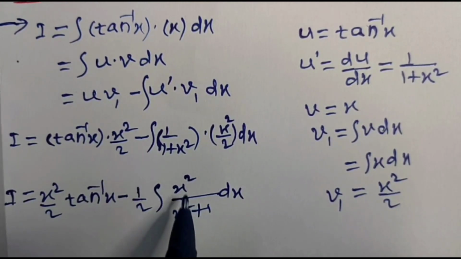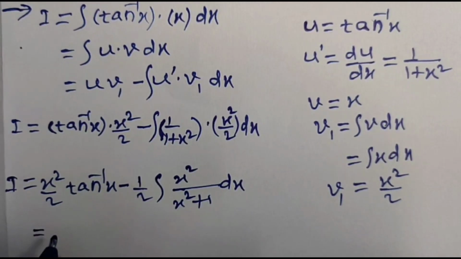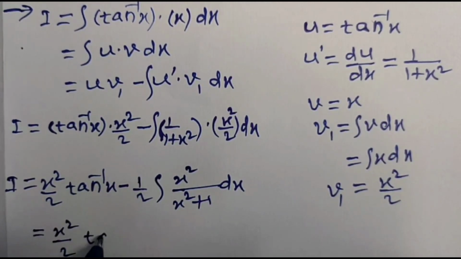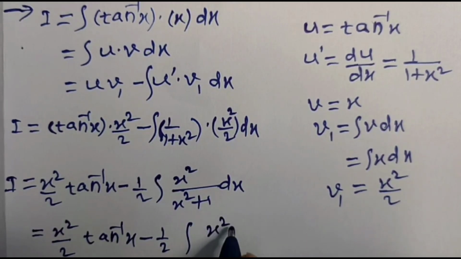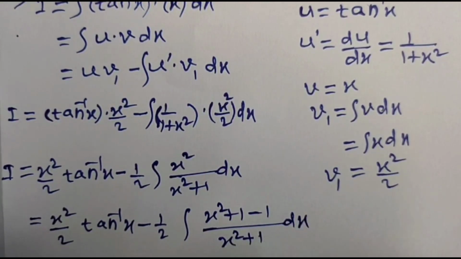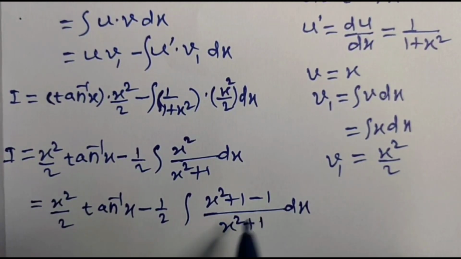So add and subtract 1 in numerator, and then integral I can be written as I is equal to x square upon 2 tan inverse x minus 1 upon 2 integral of x square plus 1 minus 1 divided by x square plus 1 integral with respect to x. Now x square plus 1 and minus 1 you can separate.